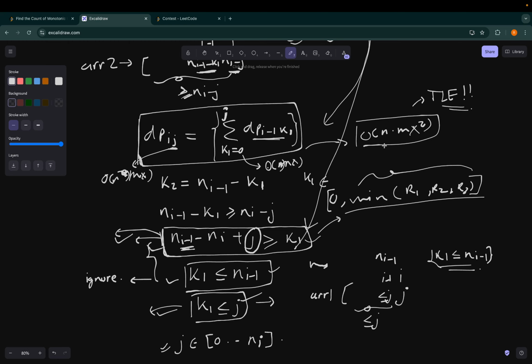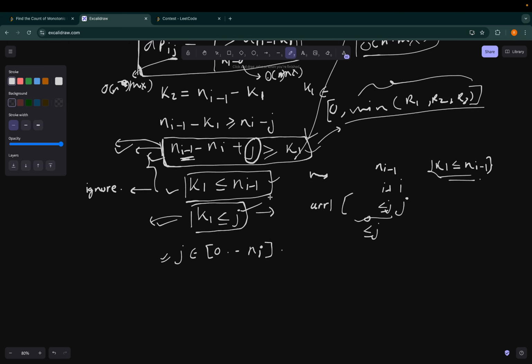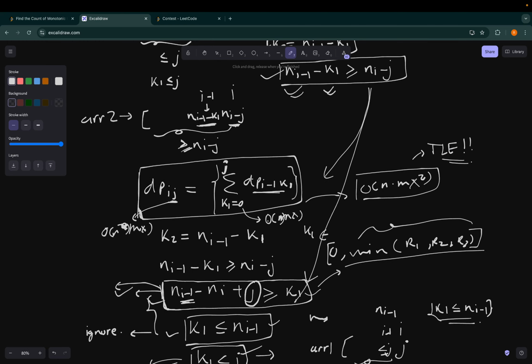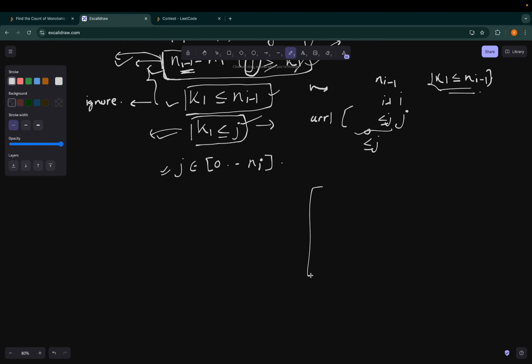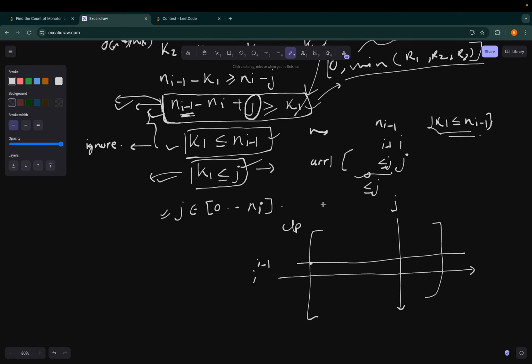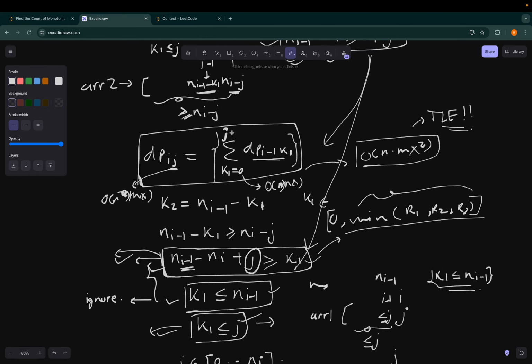So now how do you optimize this? Notice that this is nothing but going to some previous state and doing some prefix sum on it. So let's say you are at index i in this DP table, and you are at index j here. You go to i minus 1, and essentially you want to calculate your k1, which belongs from 0 to some range r.